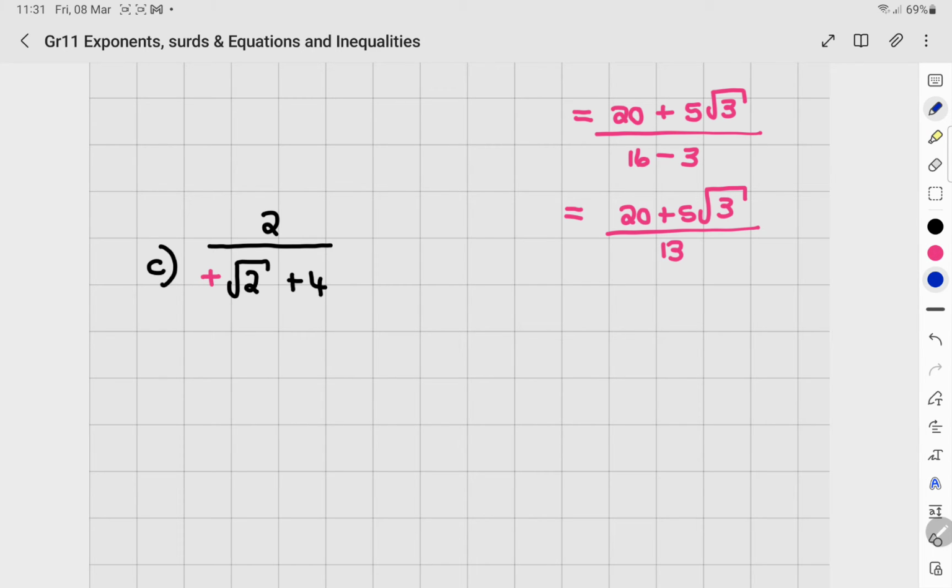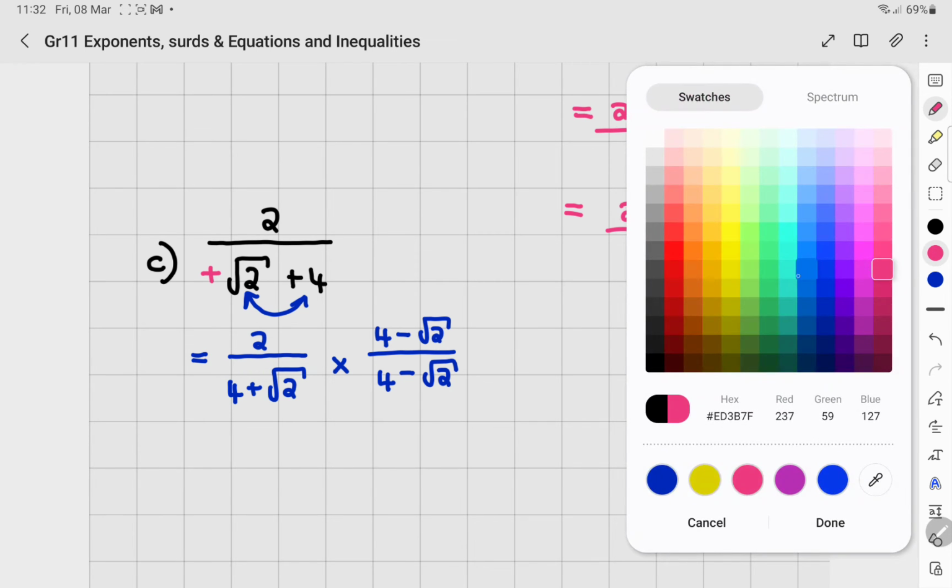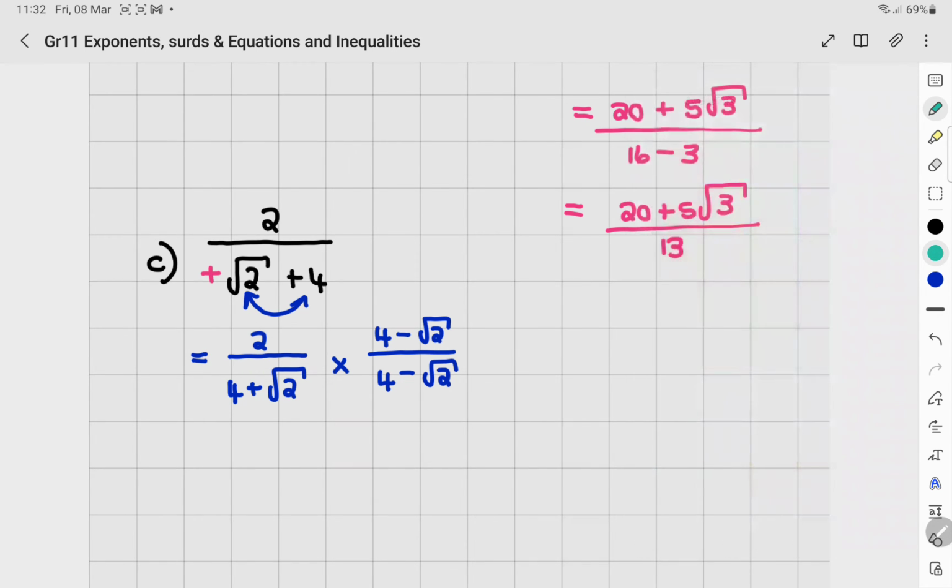So what I'm going to do, just so that it ends up being so much easier if you do this quickly than to end up with a negative in your denominator and having to multiply it in there, is rewrite this as 4 plus square root of 2. So all I did is I swapped my 2 terms around. Now I can go ahead and multiply with 4 minus the square root of 2 over 4 minus the square root of 2. Trust me, I promise you, it will leave your answer nicely without any effort at the end.